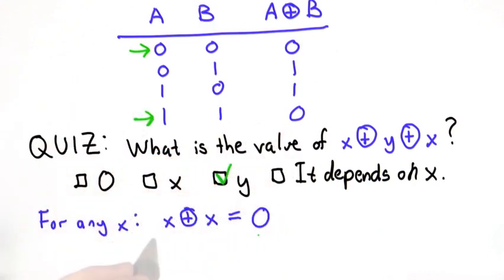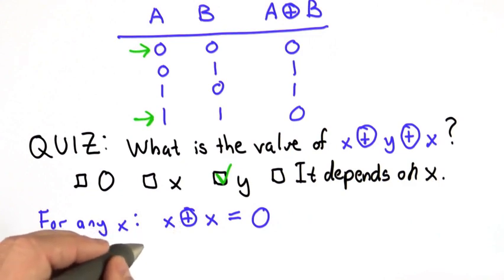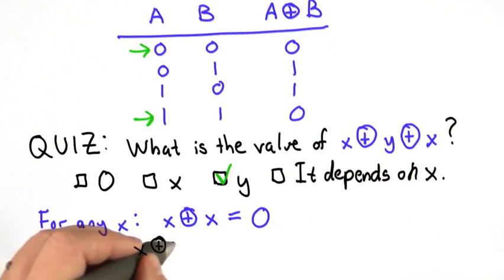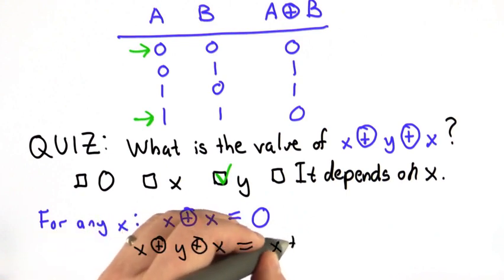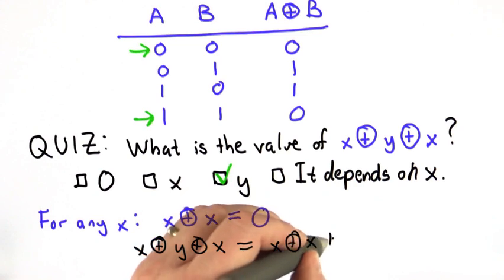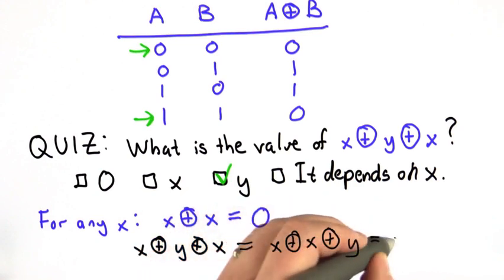And that means that x XOR x is always 0. XOR is also associative and commutative. So that means if we have x XOR y XOR x, that's equivalent to x XOR x XOR y, which is also equivalent to y.